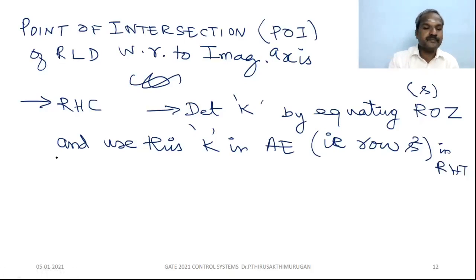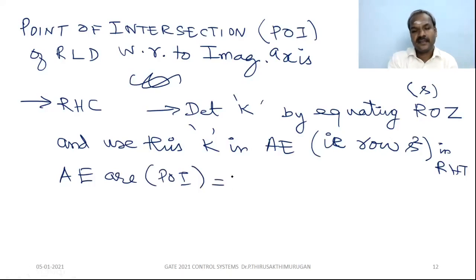So the auxiliary equation gives the point of intersection on the imaginary axis, that is plus or minus j omega n. Understand or not? Okay, these are all the rules.